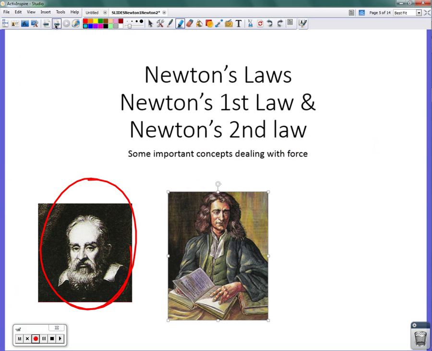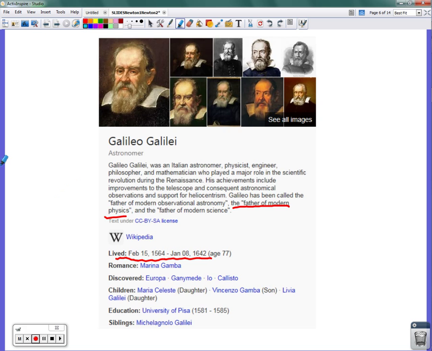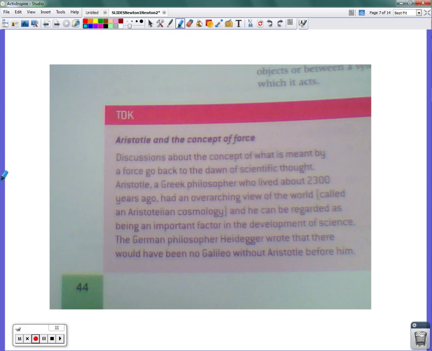So let's start then, not with Newton, but with Aristotle, way back. Here you can see this is a selection from your book. It's on page 44. But it talks about how this scientific development, like I said, doesn't happen in isolation. One thing builds on the next. And so this question of why do things happen?